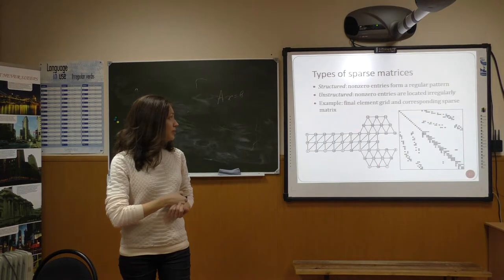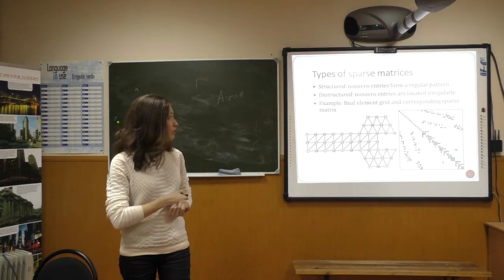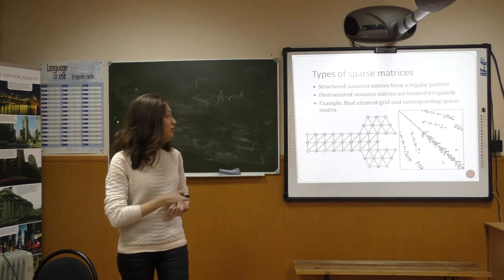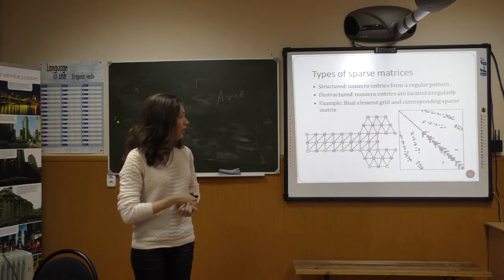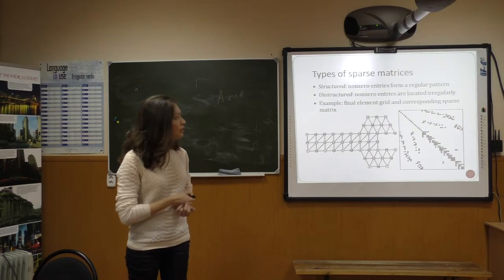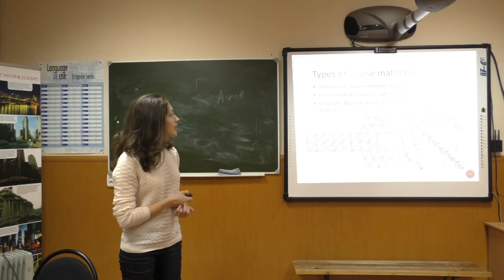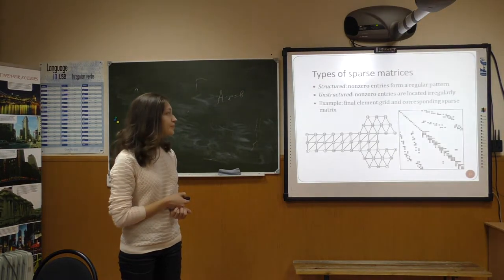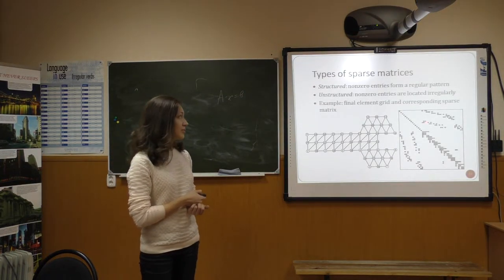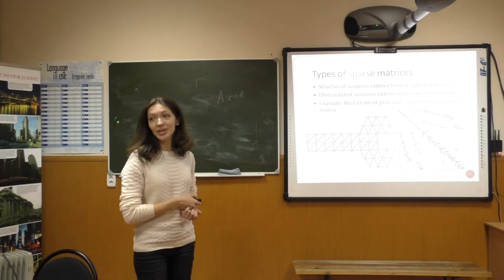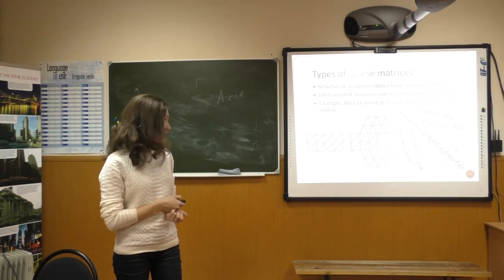This is a finite element grid and the corresponding sparse matrix of this finite element grid. Of course, this is the pattern of how these non-zero elements are located, as you can see in this picture. This is an irregularly structured matrix.